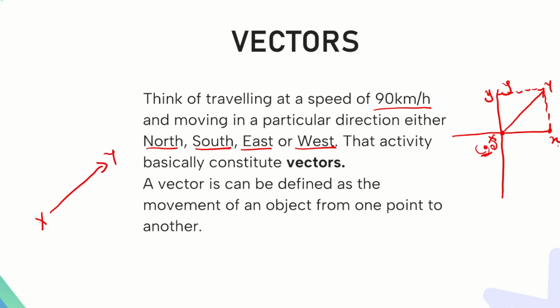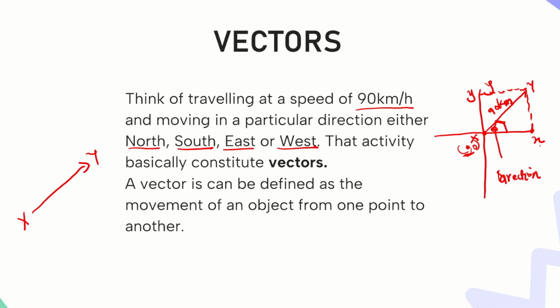So it has a magnitude, where the speed is calculated as probably 90 kilometers per hour. A vector has a magnitude, so this could be 90 kilometers, and it has a direction, where we consider the angle through which it moves. The angle can be represented by theta, and that represents the direction of the vector. So we have considered vectors as moving with a magnitude and a direction.